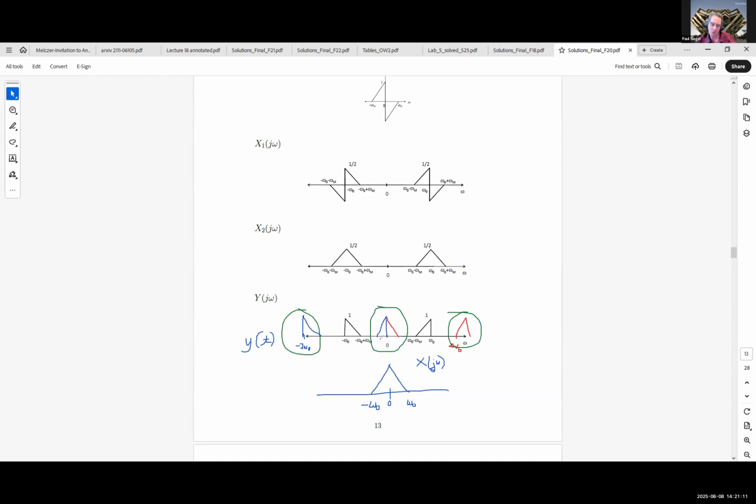And this part in the middle, again, we have to be careful of our scale factor. Everything gets multiplied by a half. Because these don't overlap, when we get the overlap you double it, but here they're not overlapping pieces, they're separate components of the spectrum. So everything's multiplied by half.